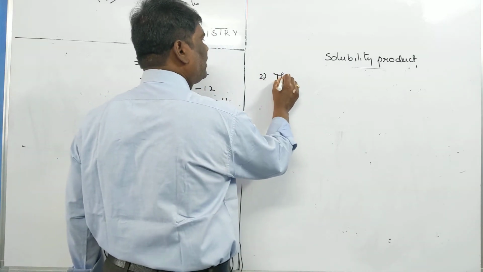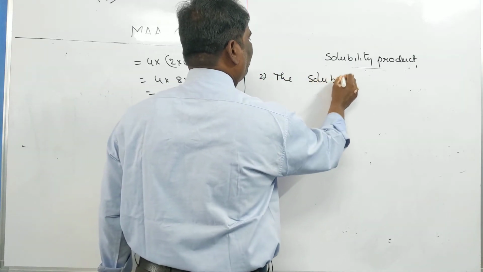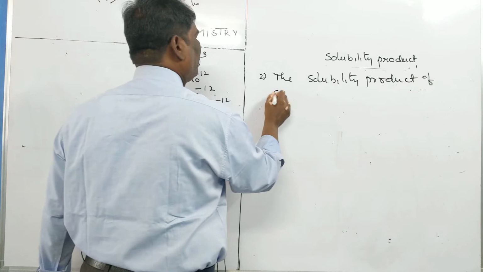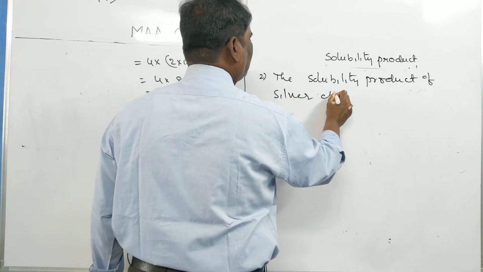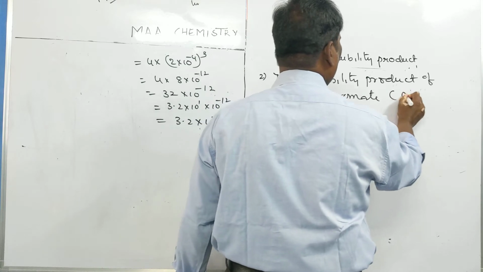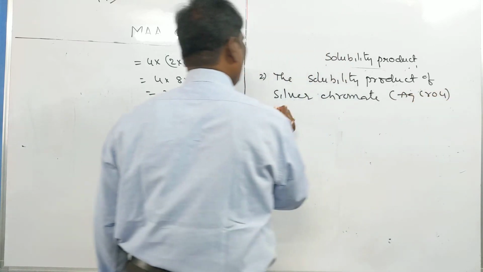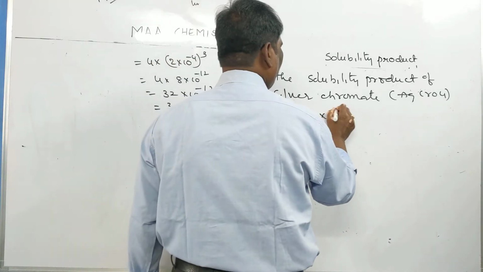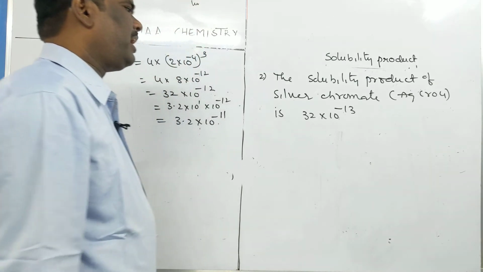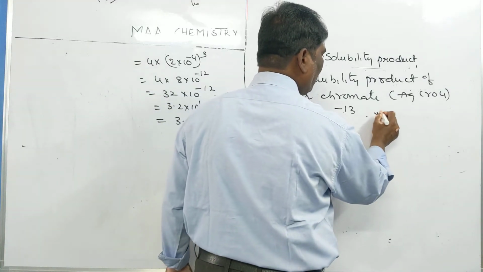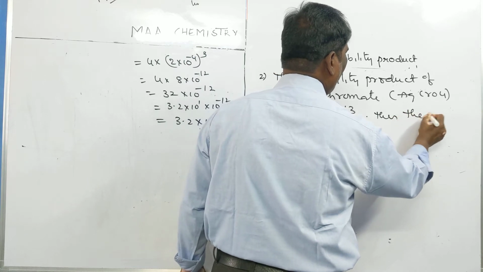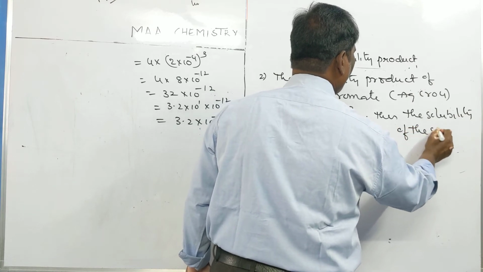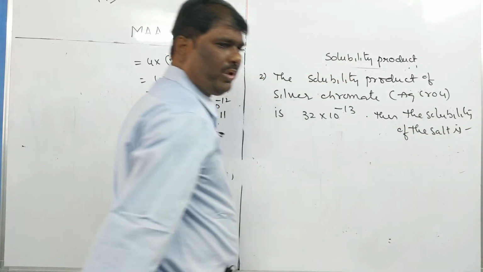The second problem: the solubility product of silver chromate is 32 × 10⁻¹³. Then what is the solubility of the salt? This is the example we are giving.